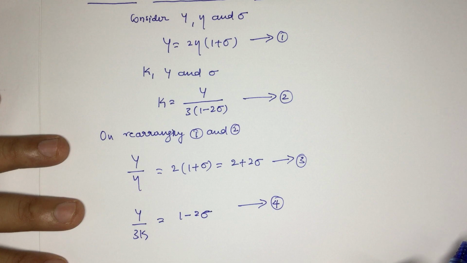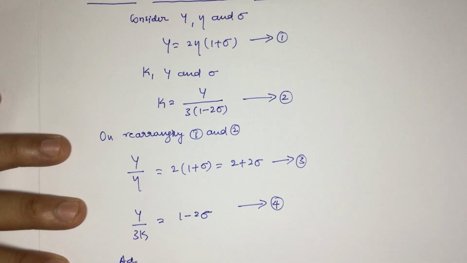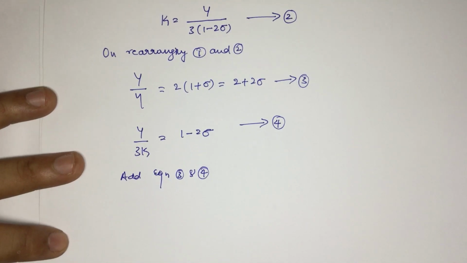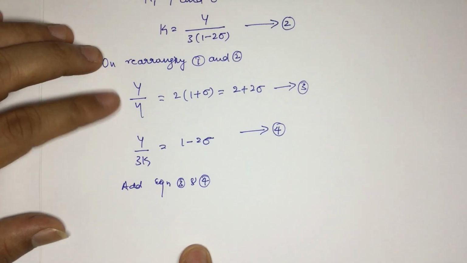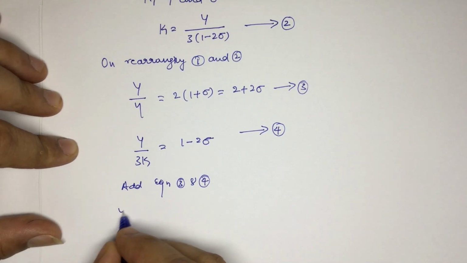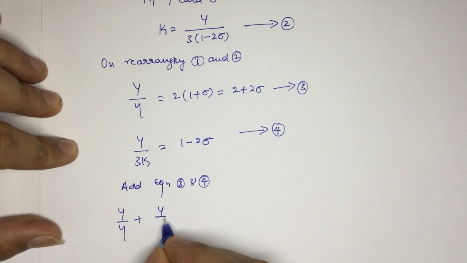Now adding equation 3 and 4. On adding equation 3 and 4, I'll add first this LHS term. This is y divided by eta plus y divided by 3k.